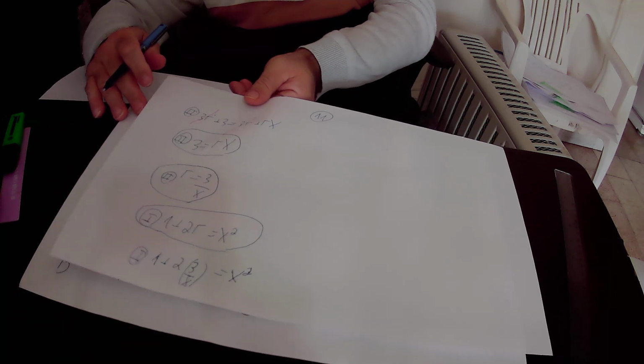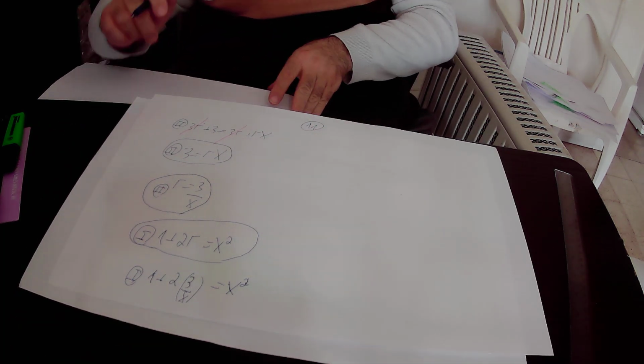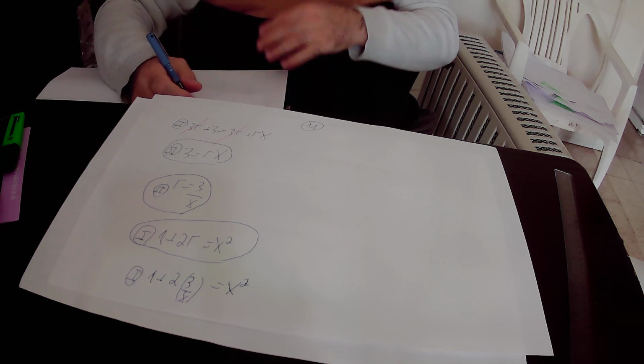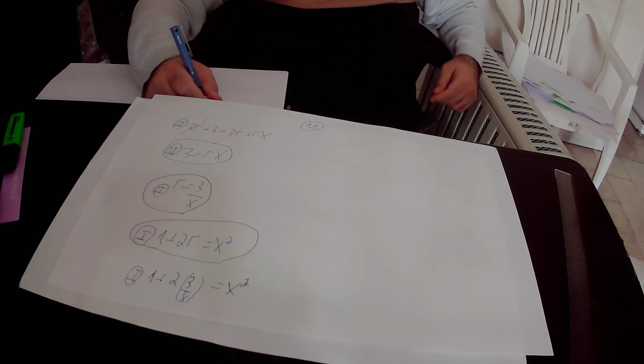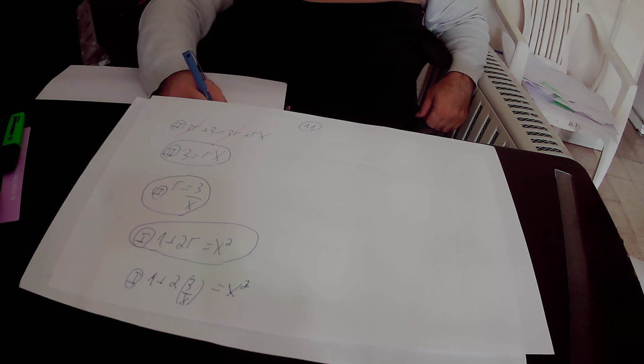So here, 2 times 3 is 6, so we write it down. We will get that according to equation number 1, 1 plus 2 times 3 is 6, 6 over x equals x squared.